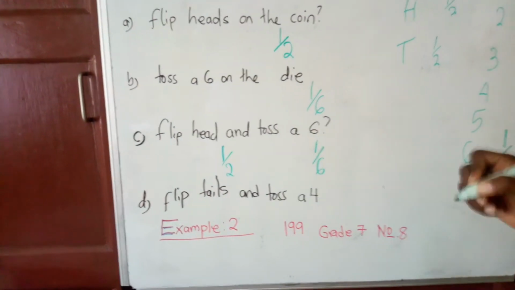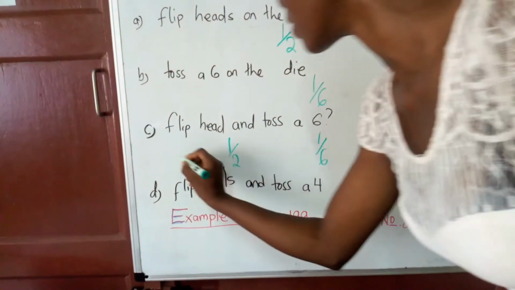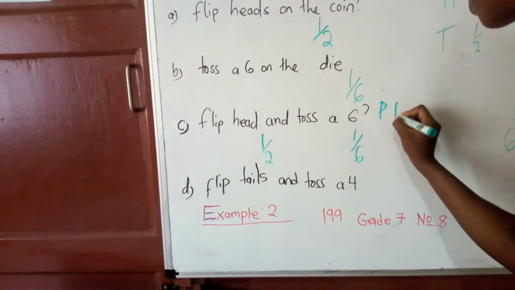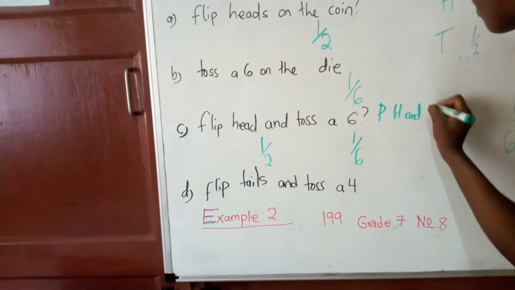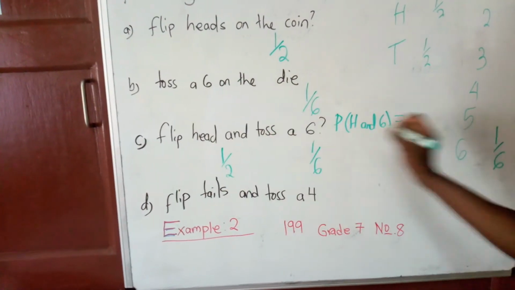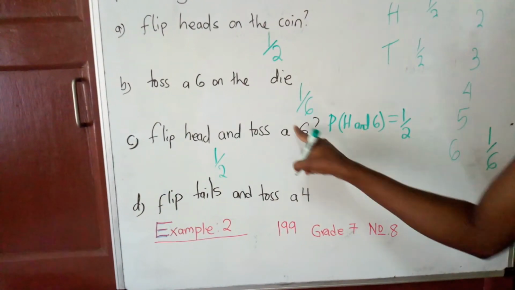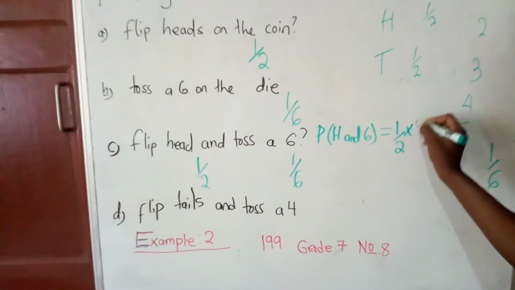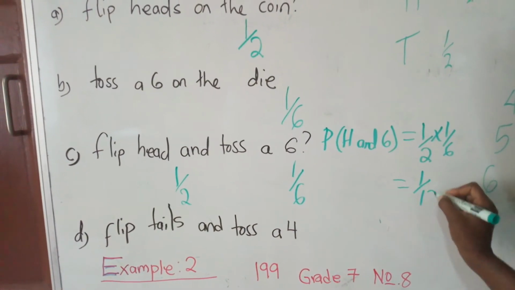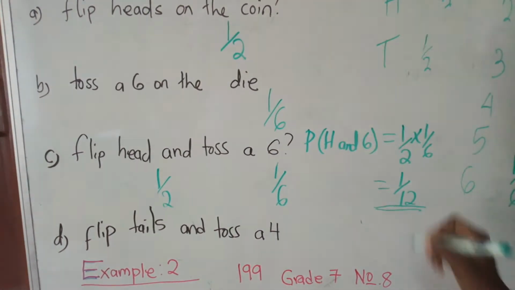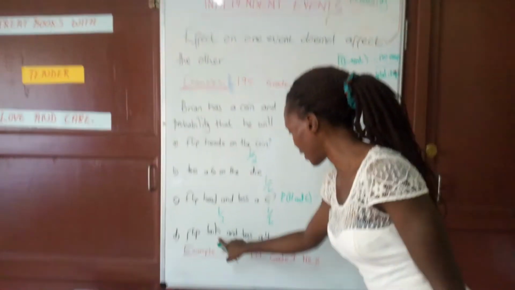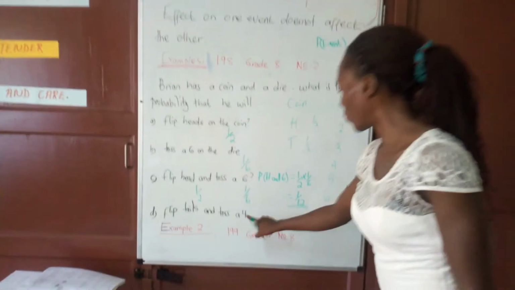And since there are two independent events, the total probability, P(head and 6), is simply going to be you multiply the two. For a coin, it is a half. For a die, it is 1/6. So when you multiply these two, you come up with 1/12 as your probability. And then when you come down here, they are saying you want tails and a 4 on a die.